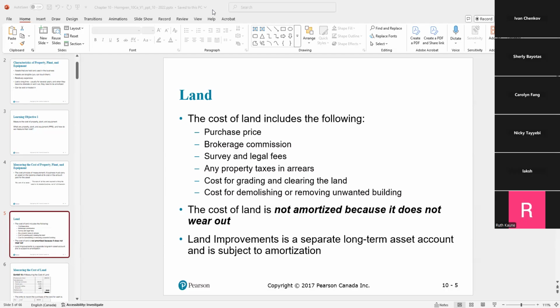So imagine this. How much will be the cost of the land? Until what point I have to accumulate the cost and say, okay, this is the cost of the land? Remember, I'm buying the land, the BC Place, and all the property in the BC Place for only one reason.